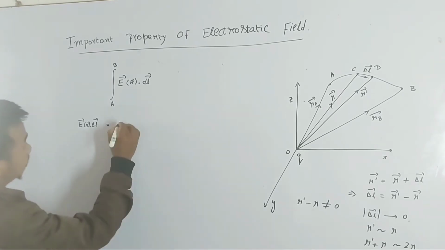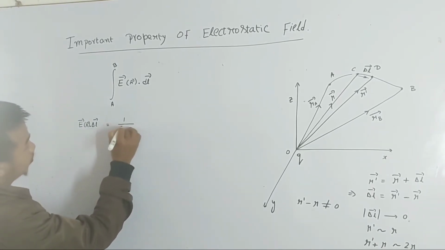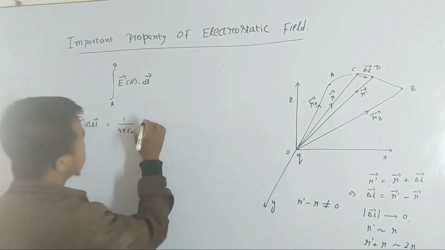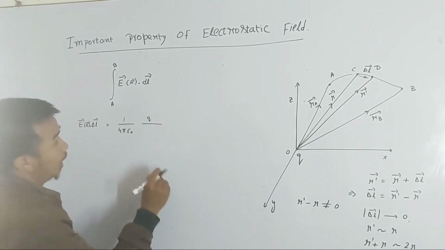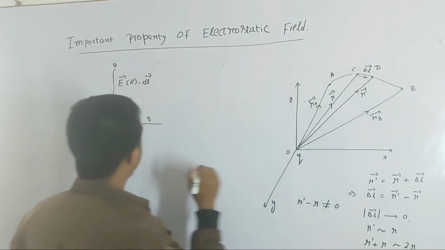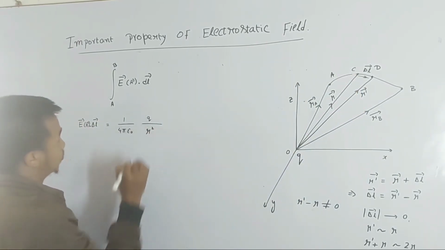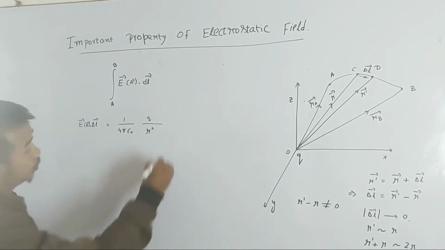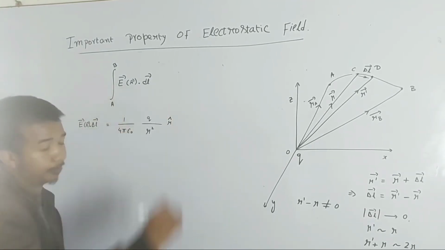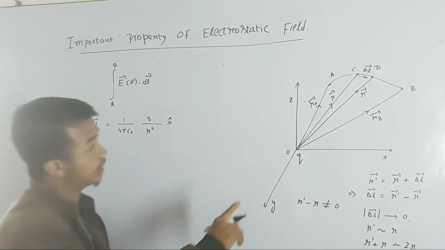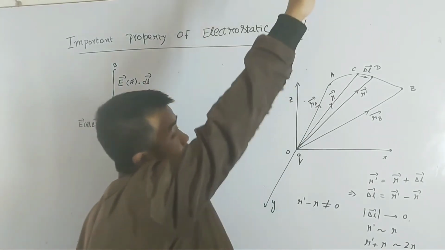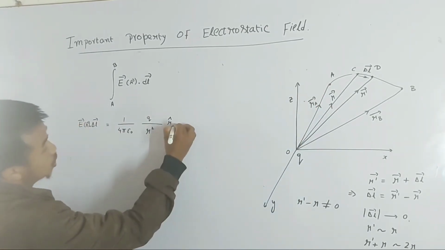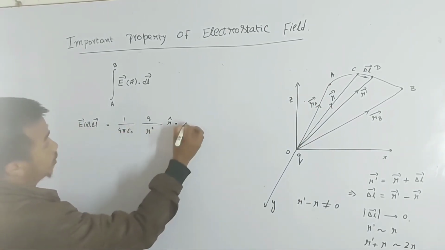The electric field is equal to 1 by 4 pi epsilon naught, the charge here is Q and the distance is R, so R squared. The electric field is a vector quantity, so we take R cap. That means the direction of the electric field is radially outward, along this vector R. So dot delta L.